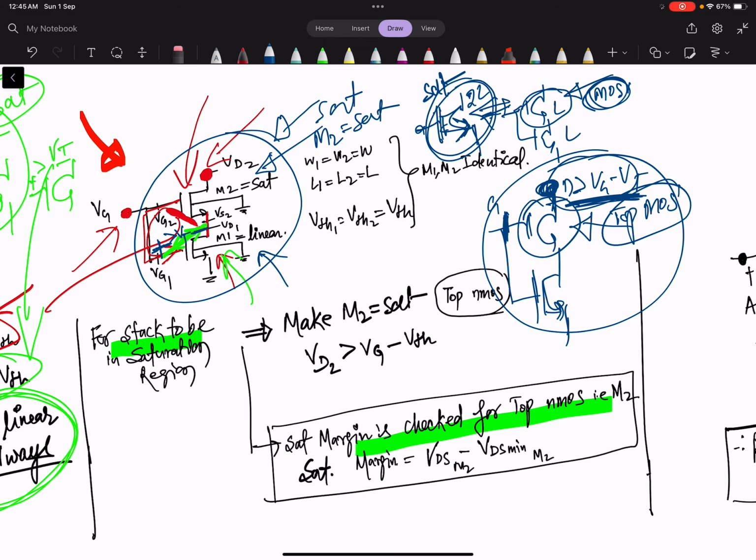So the top MOS should be looked at for the saturation region of the complete stack device. And when you want to see the VDS margin for the saturation region, you also have to look at what is the VDS across this, minus the VDS minimum, and that is the margin available here. Similarly, for the overdrive or gate VGS margin, what should we look at?